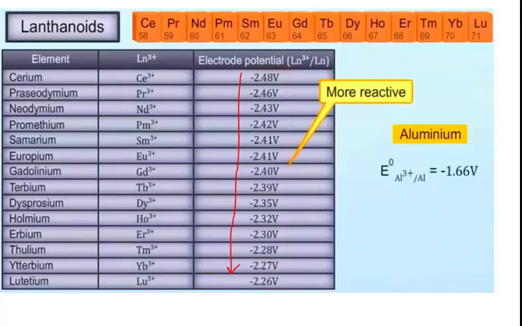These reduction potential values are almost similar to that of aluminium, but they have slightly more negative values, hence they will be more reactive than aluminium. So their properties lie in between calcium and aluminium.